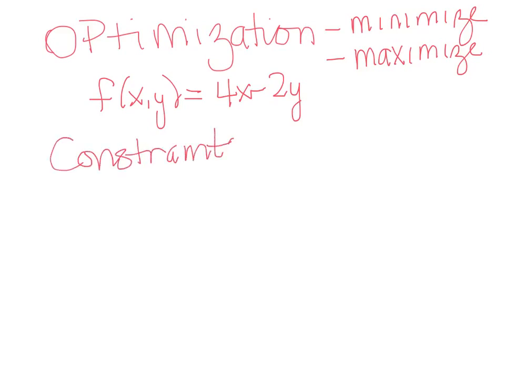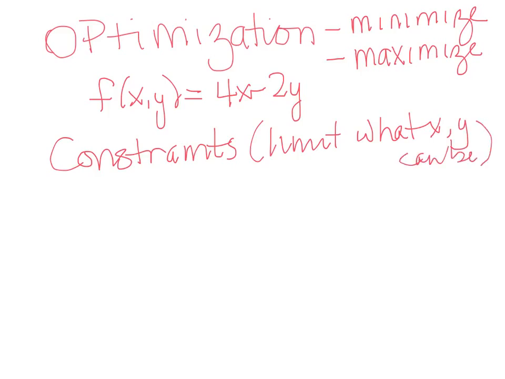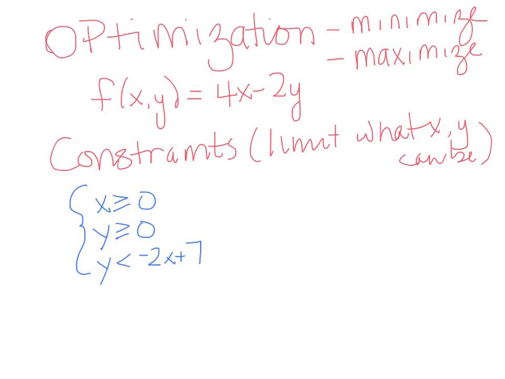These constraints limit what x and y can be, and they tend to take the form of a system of inequalities. So you might have some constraints that look like this. Those are my constraints. They should look familiar. I should be able to draw the solution for this system of inequalities.